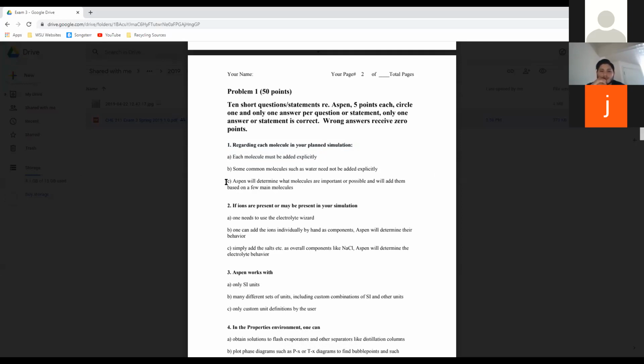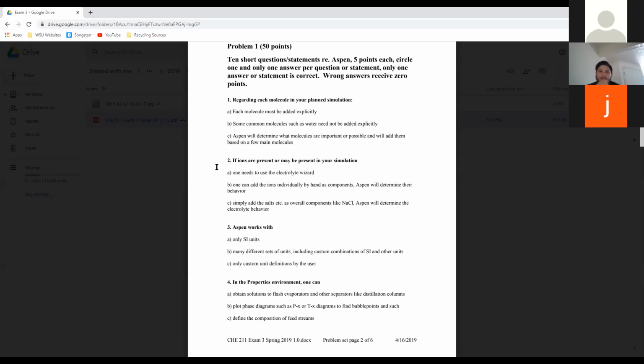As we've seen using Aspen up until this point, we need to specify every single thing in our simulation. Every part or aspect of any compound has to be specified in Aspen in some form. Everything we've used so far, whether ionic species, solid species, water, ethanol, acetone, butanol, had to be specified. So this would be added explicitly.